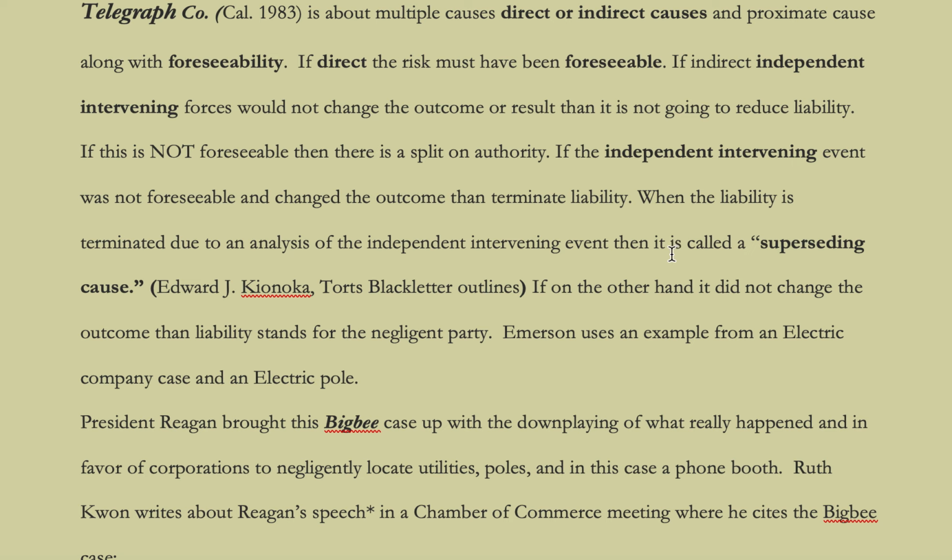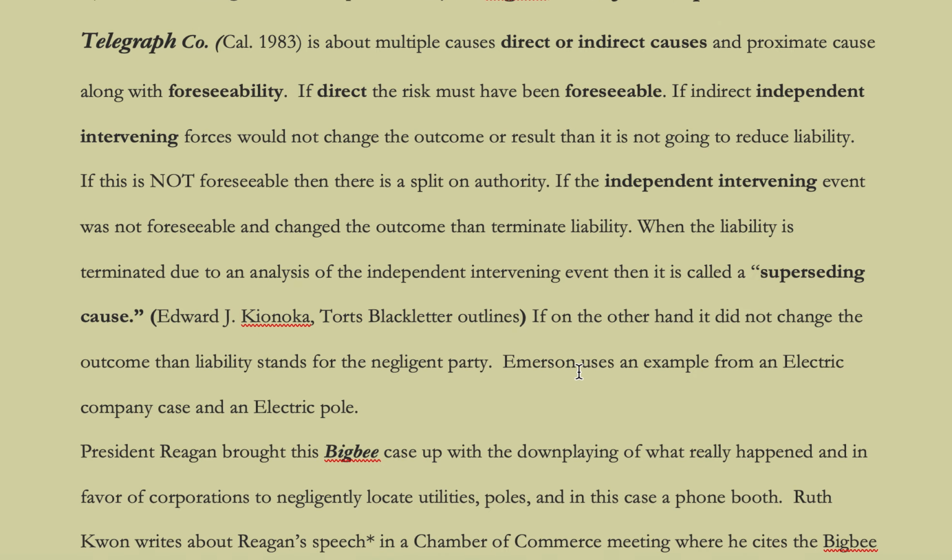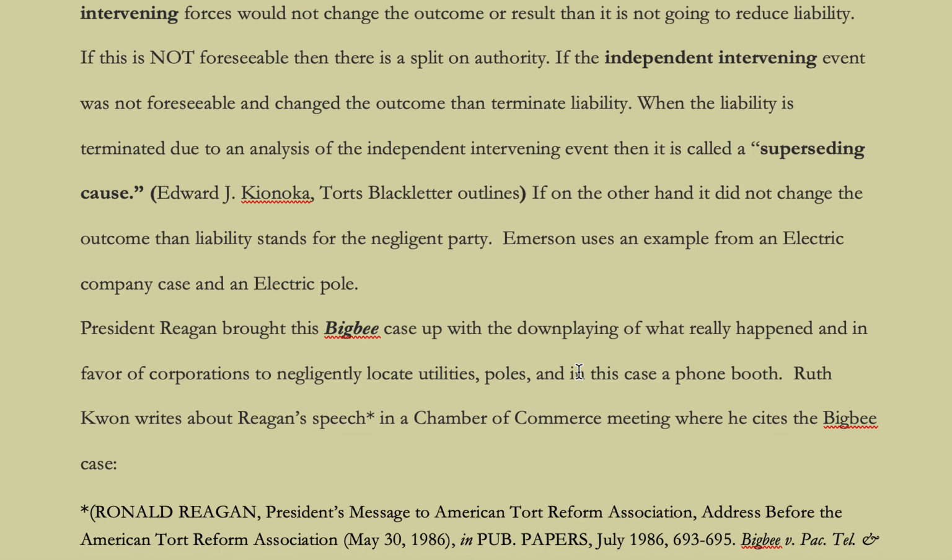Now, on the other hand, Emerson goes on to do this crisscross thing about explaining it, but for me it clicked better because I always had a little trouble with this portion of torts, and now I totally understand it.